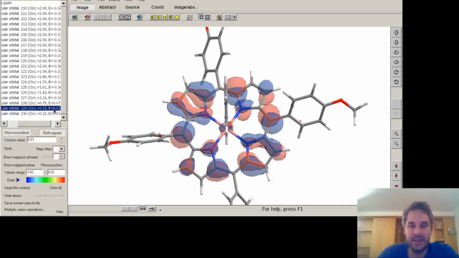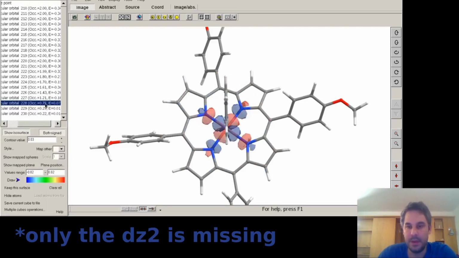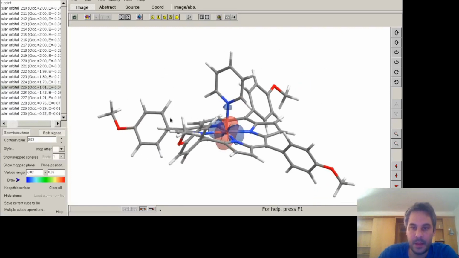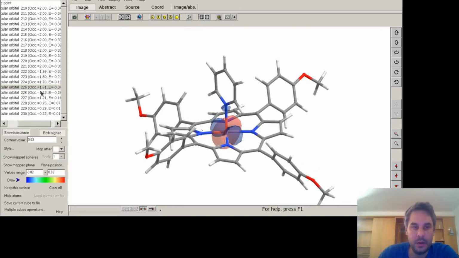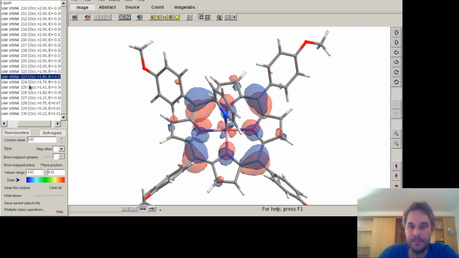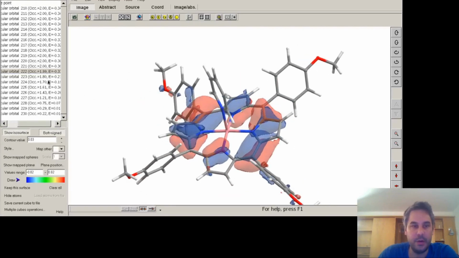So we are basically missing 2 orbitals here. The dz square, that we kind of lost, we had it. And one of the porphyrin orbitals.